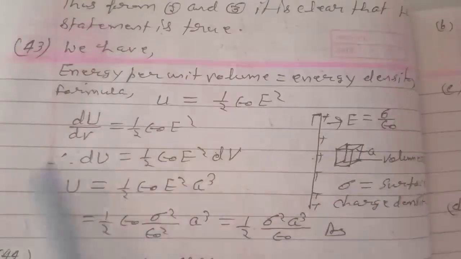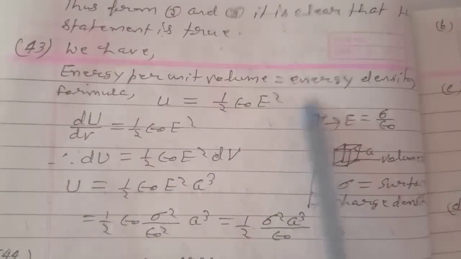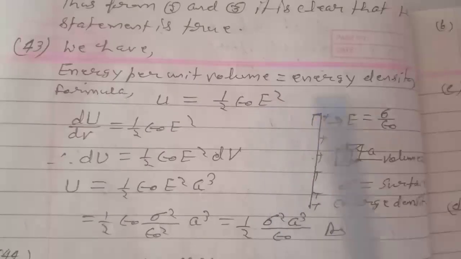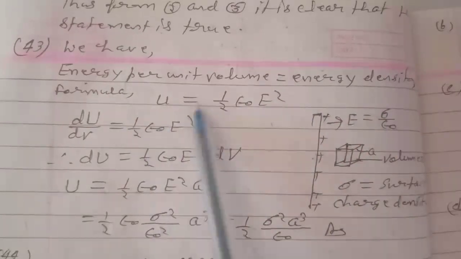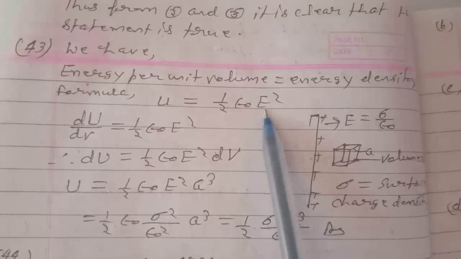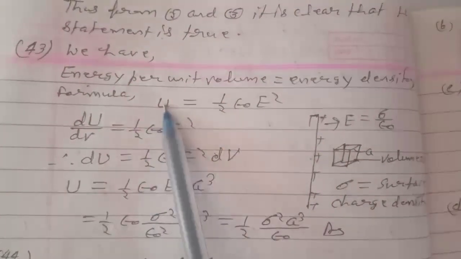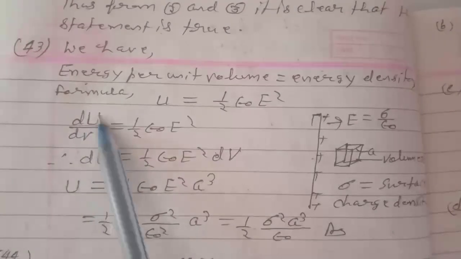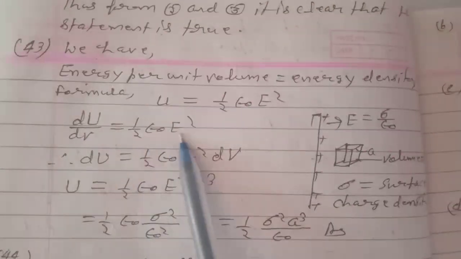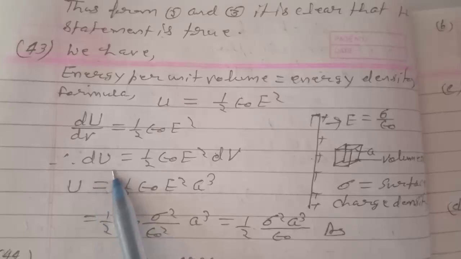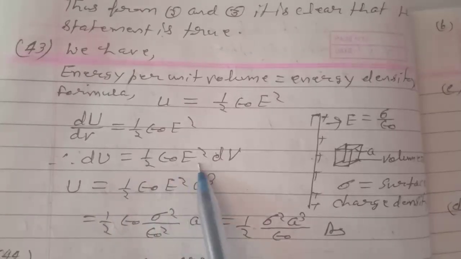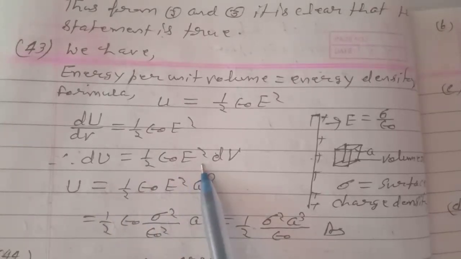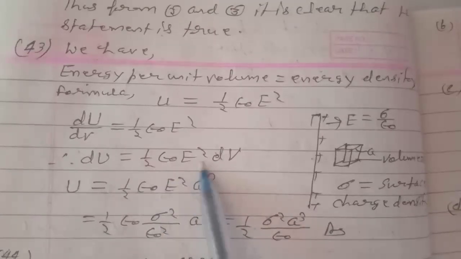Now we have the formula for energy per unit volume, which is called energy density: U equals 1 by 2 epsilon naught E square. This U is equal to du by dv, that is energy per unit volume. Du by dv equals 1 by 2 epsilon naught E square. Hence du equals 1 by 2 epsilon naught E square into dv.